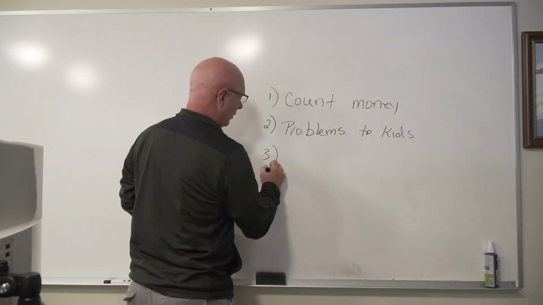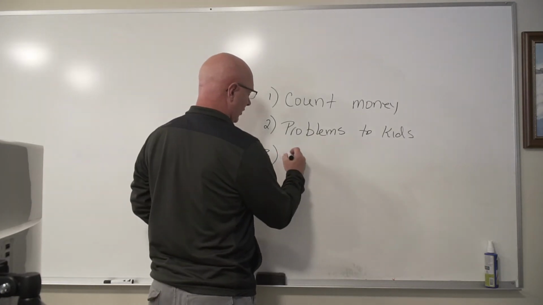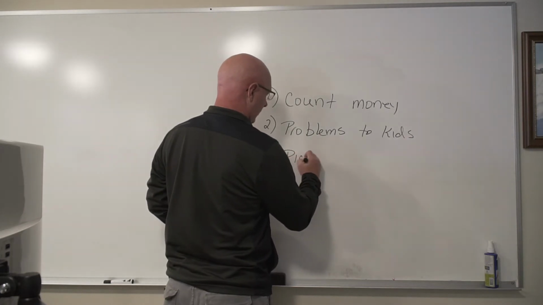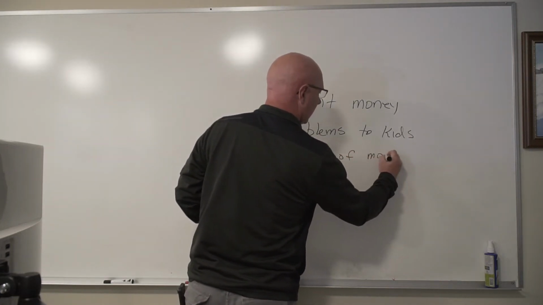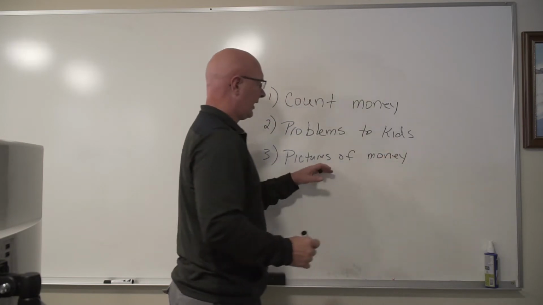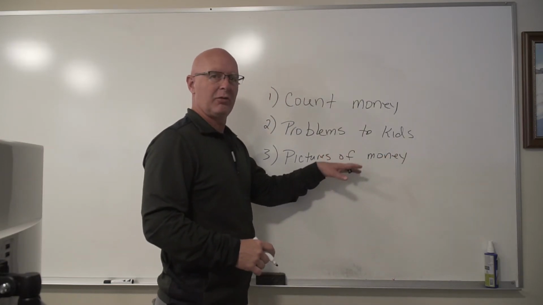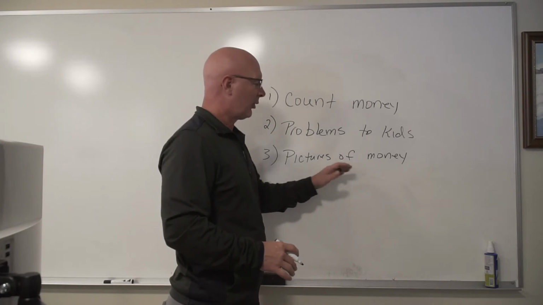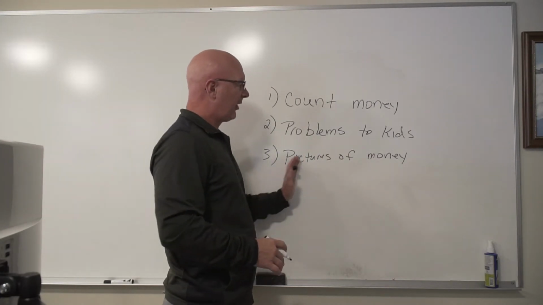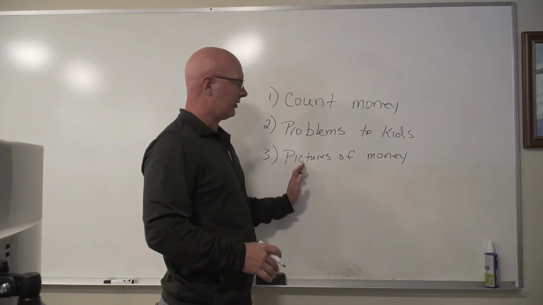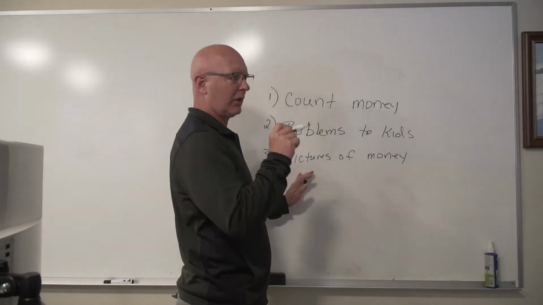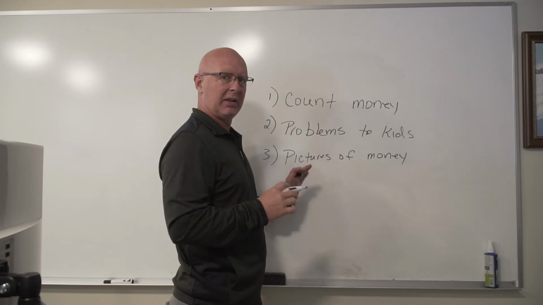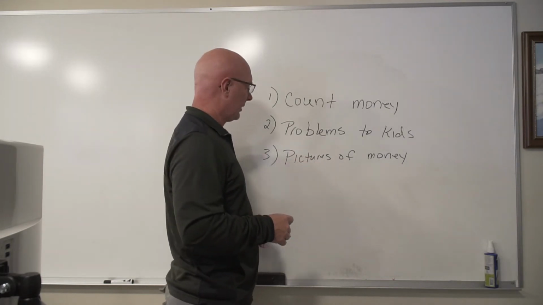Another thing we want to do is make sure that we have pictures of money, because the kids need to be able to identify what piece of money represents what value. So we need to have some way in the very beginning of the game to prompt what is a dime and how much is it worth. And so they'll have to pick the piece of money that actually represents that value.